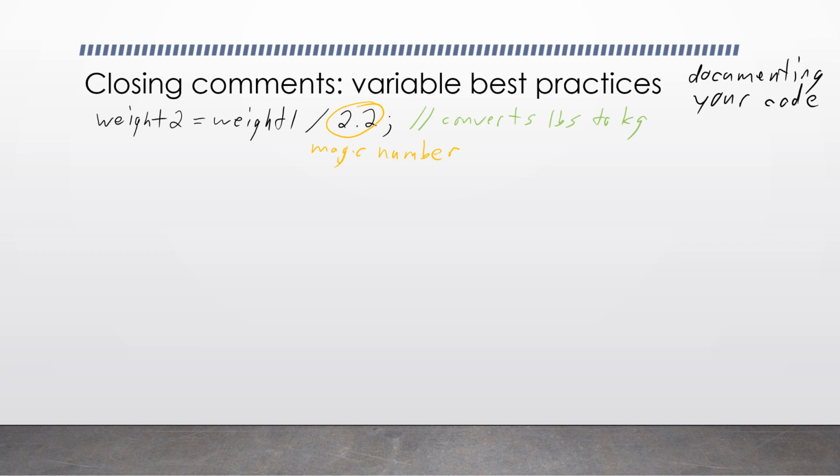That is a number that's just been dropped in there with no explanation. A better way to do this is to use C++'s constant capability. So I can put const double pounds per kilogram equals 2.2.